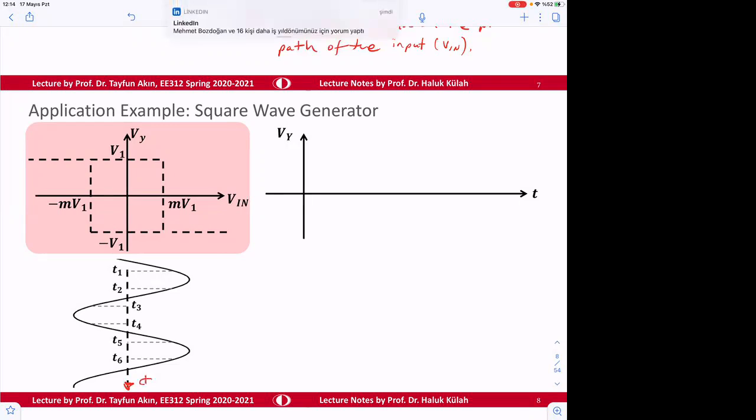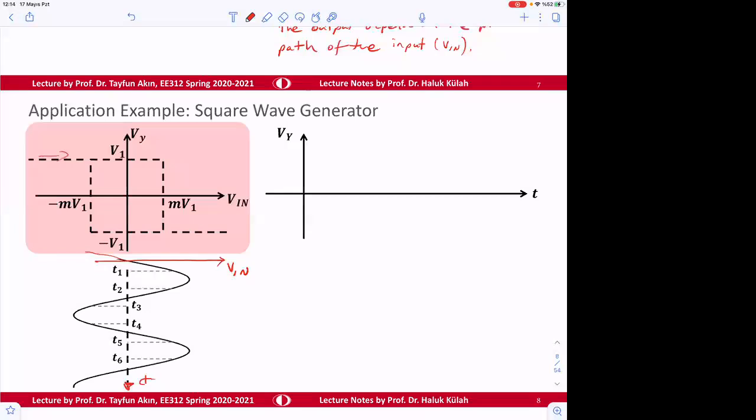And then this is your input signal. So if we have a response like this, we can draw the output. So the signal is coming from minus.